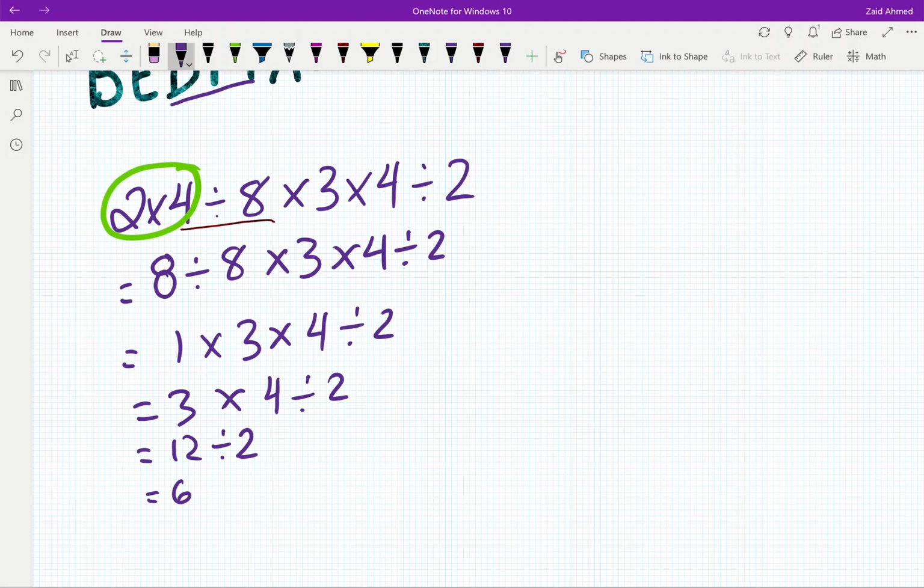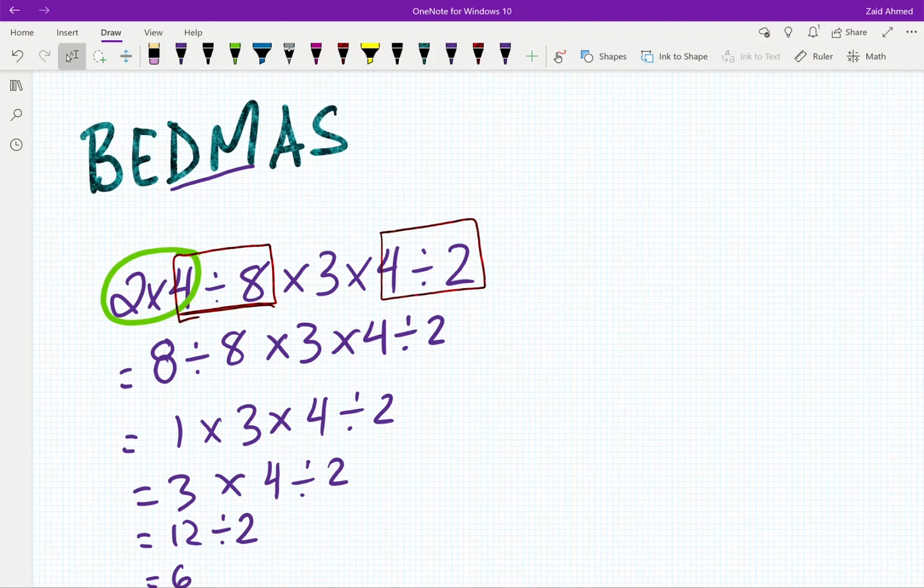Now, this particular solution will equal the exact same solution if you were to do this part first, then this part, and then just go from left to right. So when division and multiplication are the only operations, it doesn't matter which one you do first. I would recommend going from left to right.